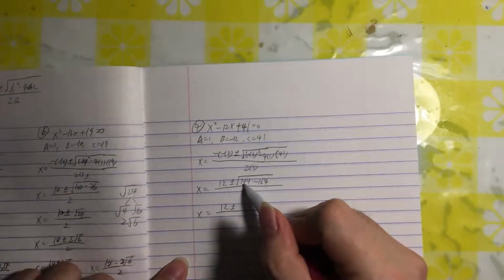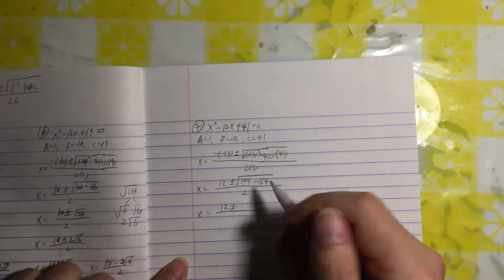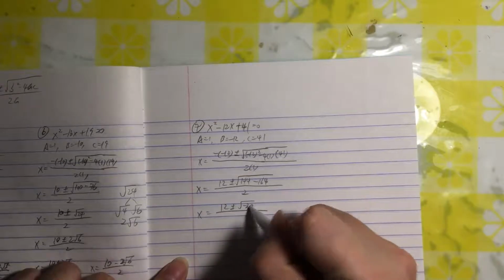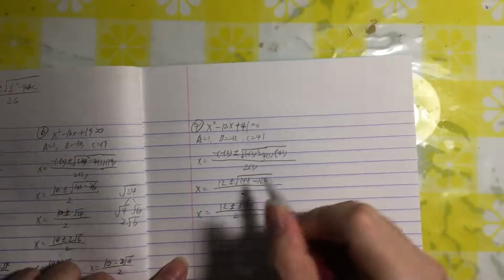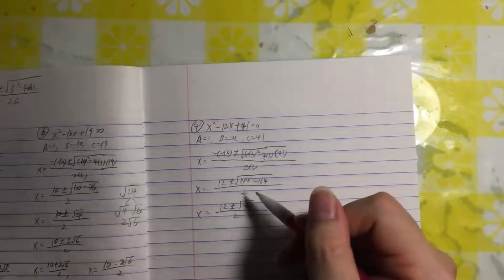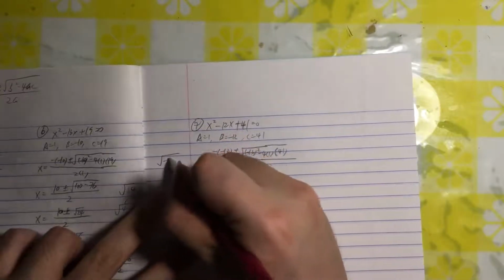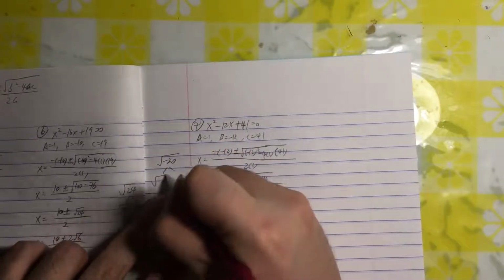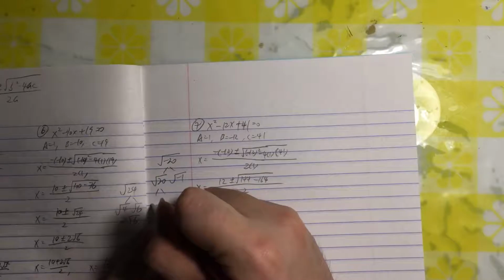Under square root, 144 minus 164 is negative 20. Next, let's simplify square root of negative 20. Square root of negative 20 can be written as square root of 20 times square root of negative 1. Square root of 20 can be written as square root of 4 times square root of 5.